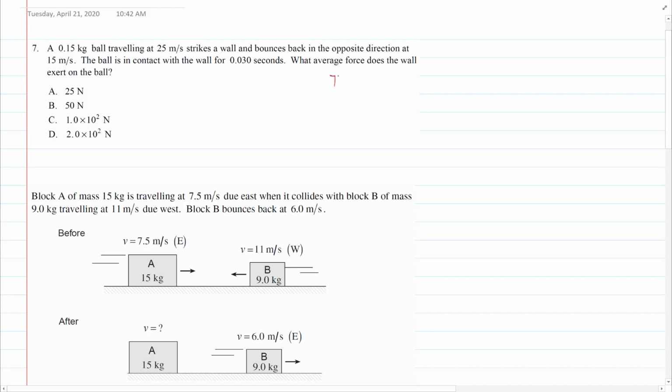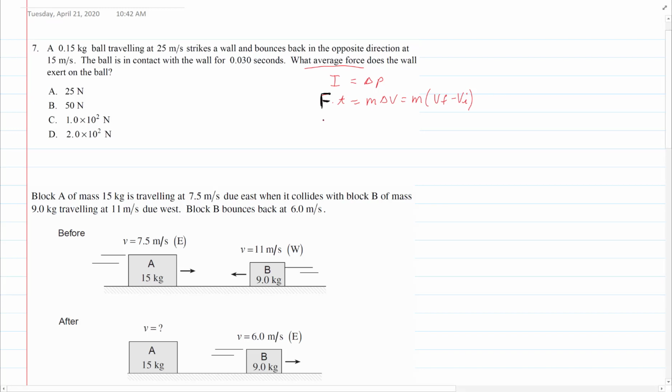So we have that impulse is the change in momentum. Impulse is force times time, and the change in momentum is m times the change in velocity, which is going to be m(Vf minus Vi). And we want to know the average force, so this is what we're trying to calculate, so I'll put that in black.